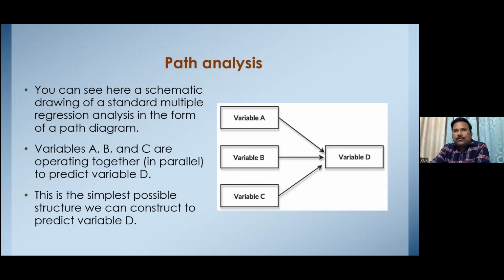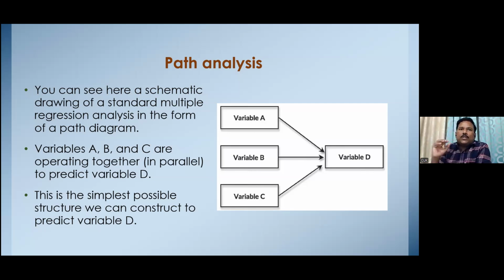You have variable A, variable B, variable C, and these variables are operating together, in a parallel manner, in order to predict the variable D. You can consider this the simplest possible structure we can construct to predict variable D. There are three types of multiple linear regression, as you are all aware: standard or simultaneous, hierarchical or sequential, and stepwise regression.